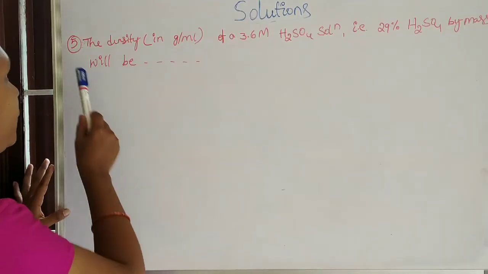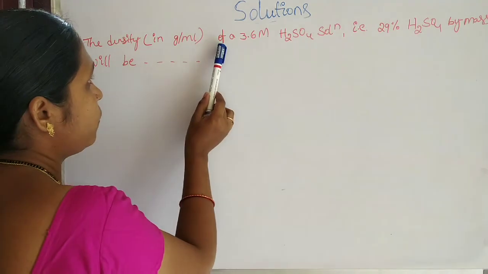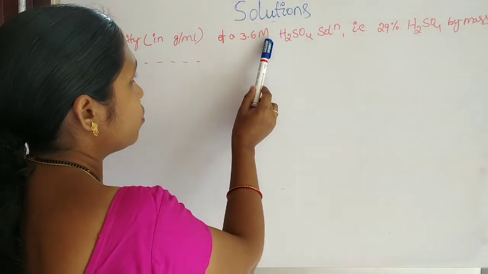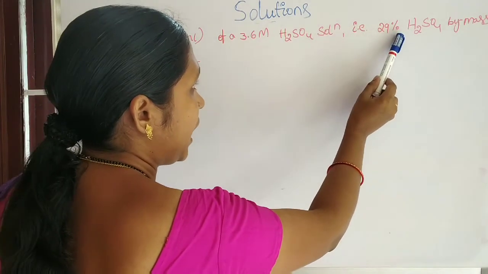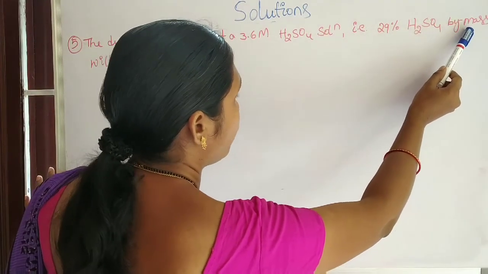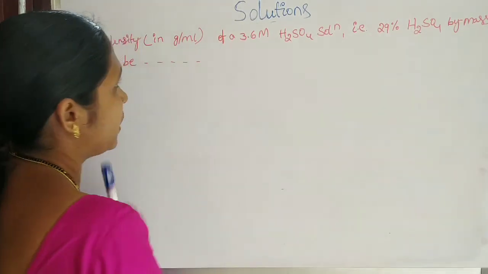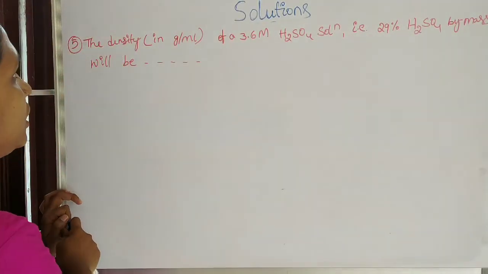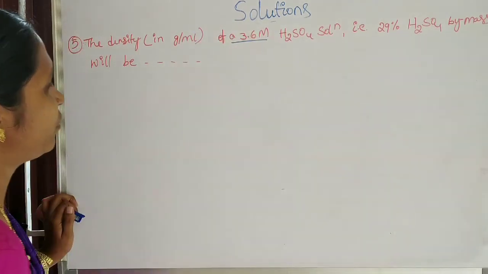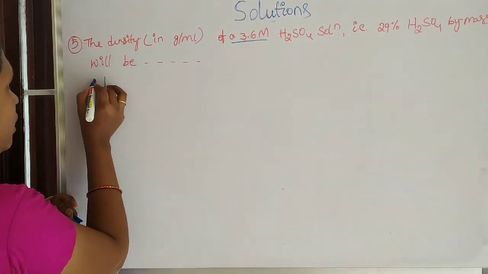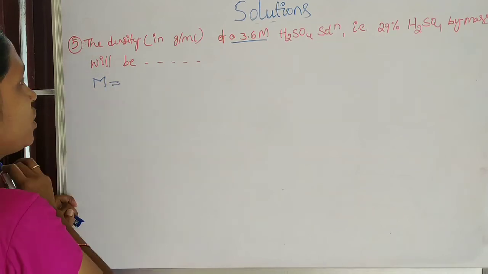See here, the fifth one: the density of a 3.6 molar H2SO4 solution that is 29% H2SO4 by mass will be what? Here, in the question he gave the molarity of the H2SO4 solution. How much is the molarity?